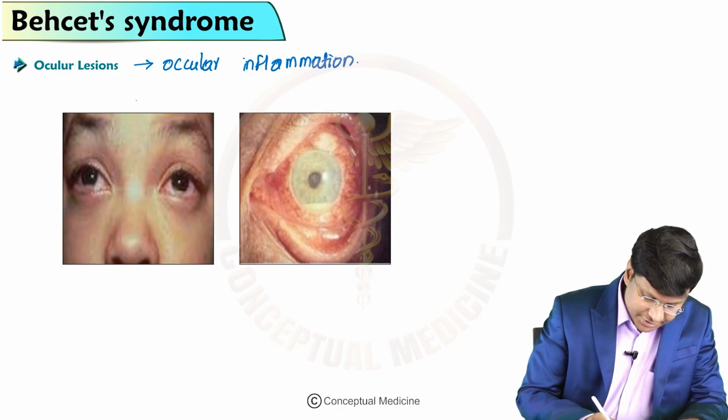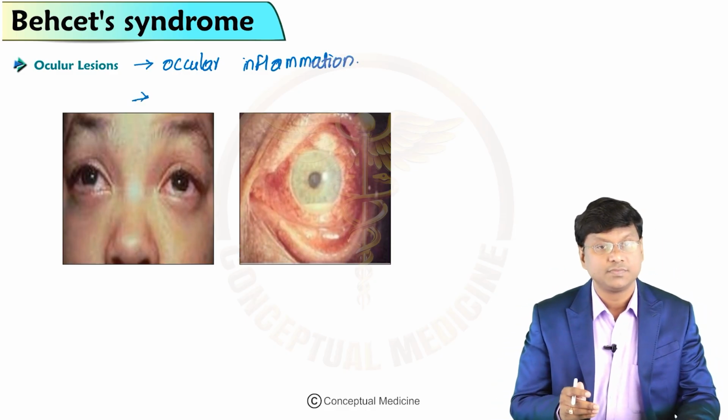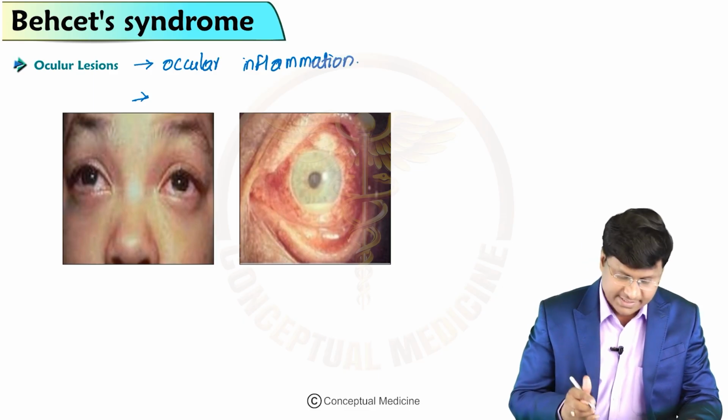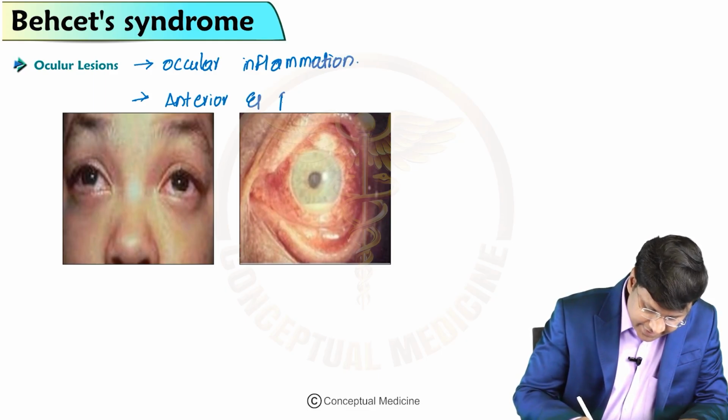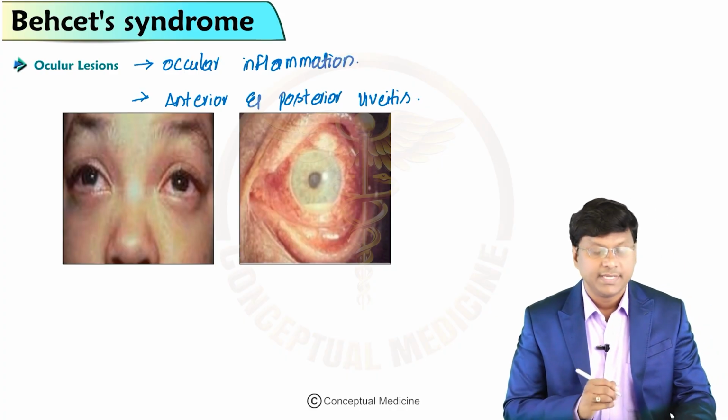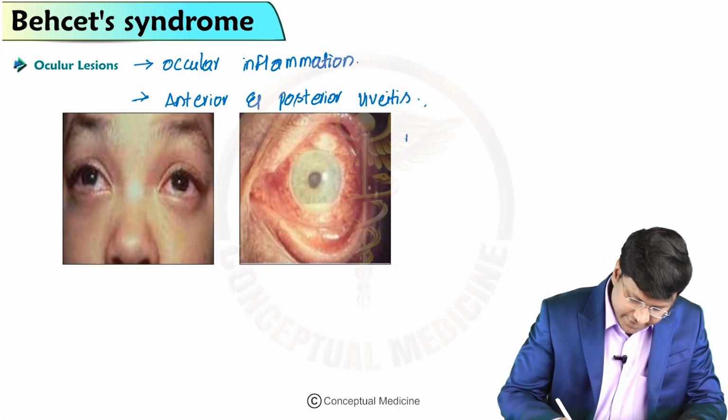This ocular lesion is in the form of both anterior as well as posterior uveitis. And there is also development of retinal vasculitis.